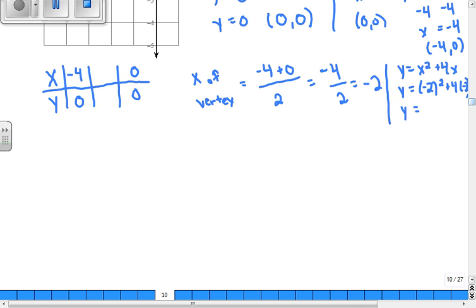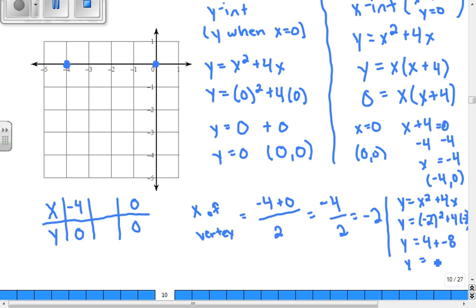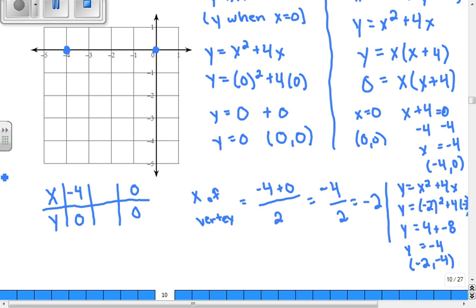Okay, (-2) squared would be -2 times -2, which is +4, plus 4 times -2 is -8. +4 plus -8 gives me -4. So that means my point here, my x value is -2, and my y value was -4. So (-2, -4). And at this point, I have enough points to sketch a solid parabola.